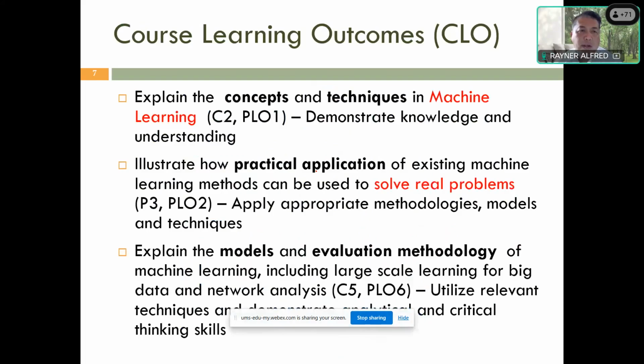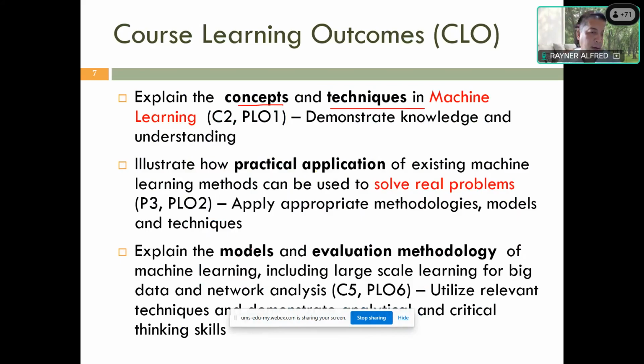Okay, so for the course learning outcomes, we have three basic learning outcomes. The first thing is to be able to explain the concepts and the techniques in machine learning. So you have to know how many tasks we have, and how many types of machine learning we have.